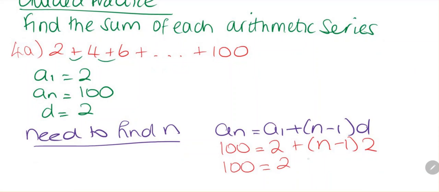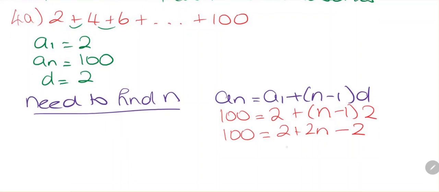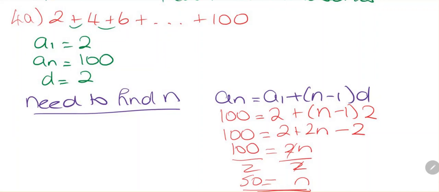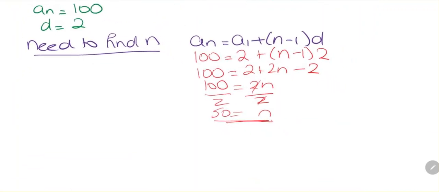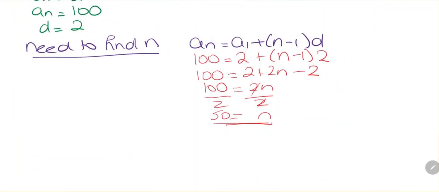So 2 times n is 2n, and 2 times minus 1 is minus 2. So we have 2n, and 2 minus 2 is just 2n, equals 100, and if we divide by 2, n is 50.